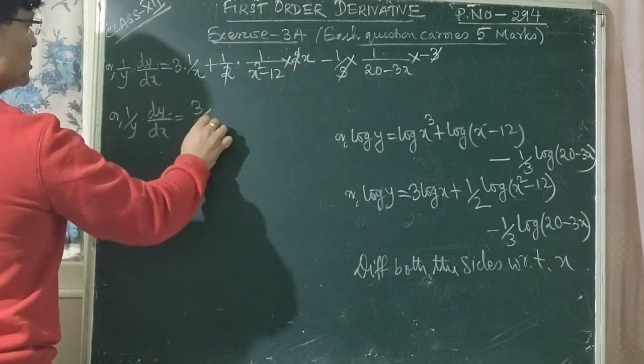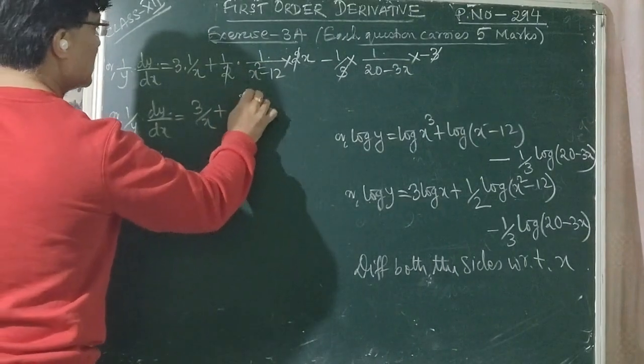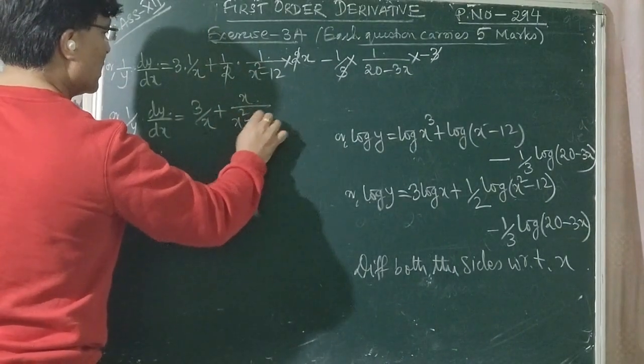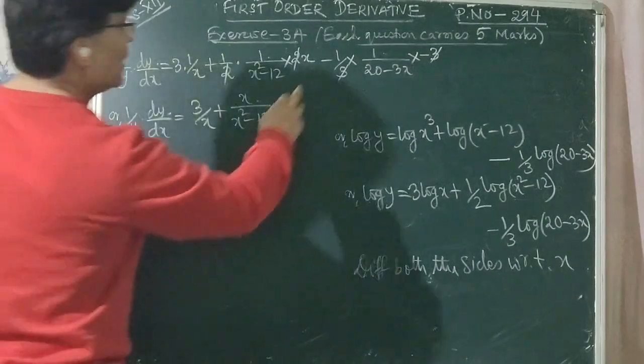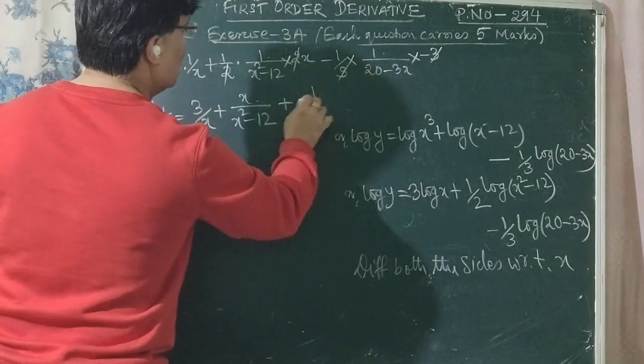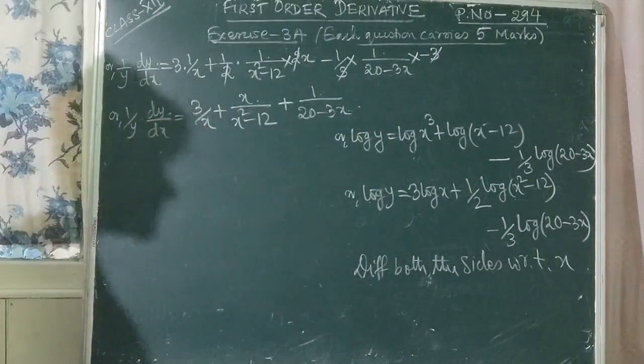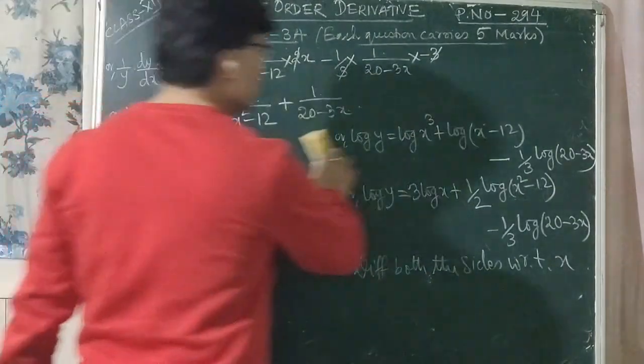So 1 upon y into dy by dx is equal to 3 upon x plus x upon x square minus 12, and minus into minus is plus, 1 upon 20 minus 3x. Is that clear? Now get the value for dy by dx.